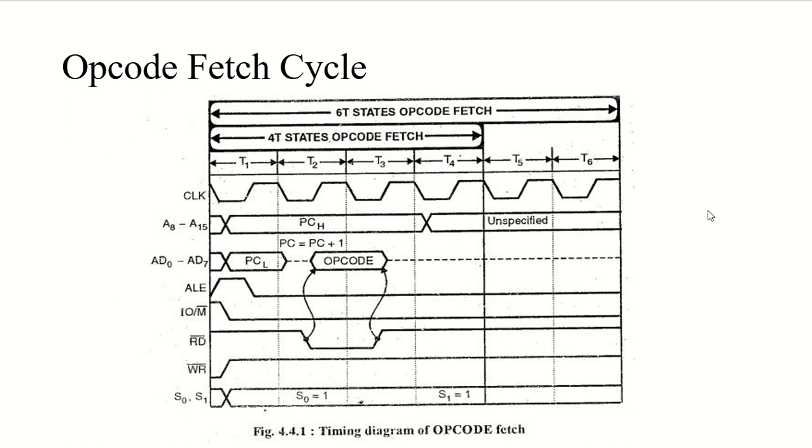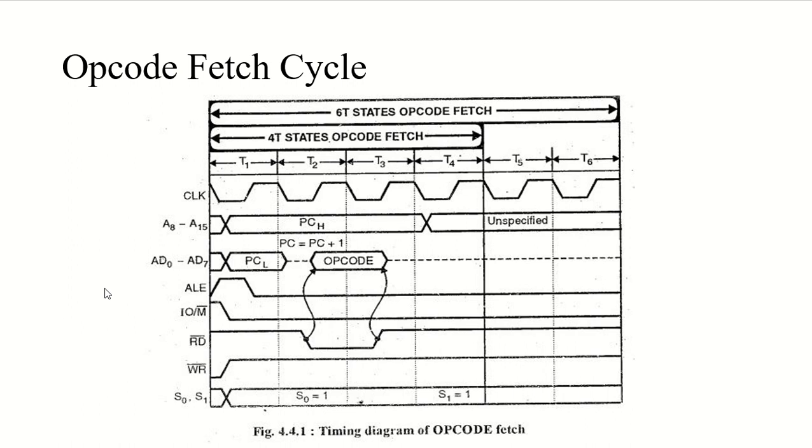So let's see the first stage. In the first stage 8085 sends the status signal. So you can see this T1, the IO/M is activated at T1. My apologies, the IO/M, S0 and S1 status signals will be activated.